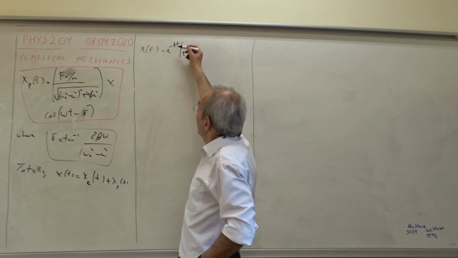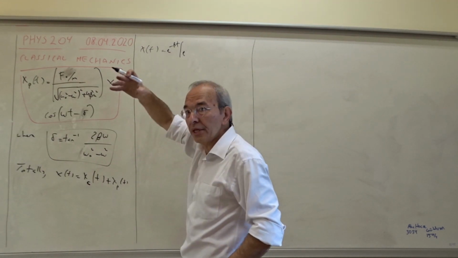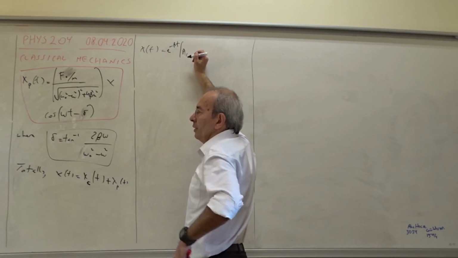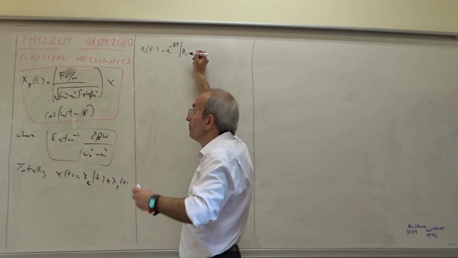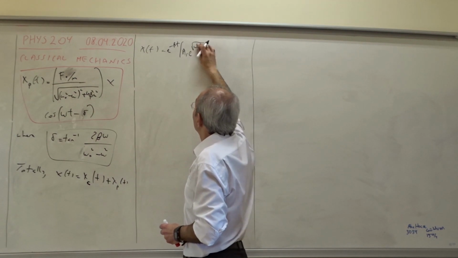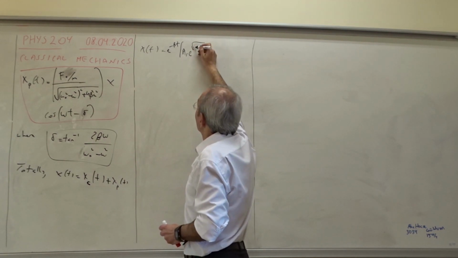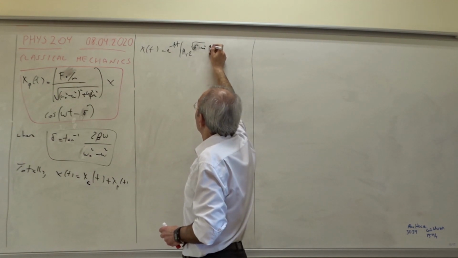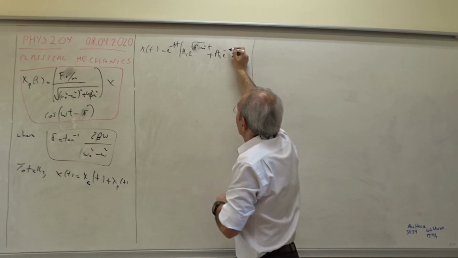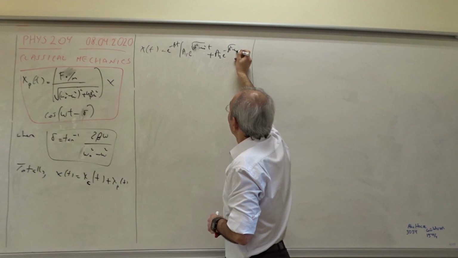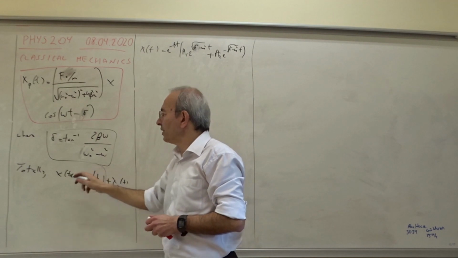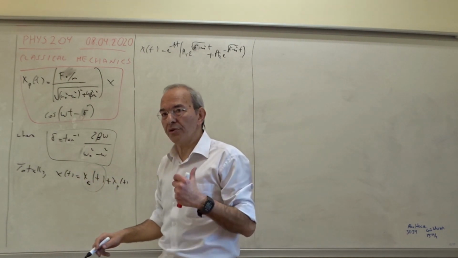So we have, this is the envelope, negative exponential, and an unknown coefficient a1, e to the root of beta squared minus omega 0 squared times t, plus a2 e to the negative of this, root of beta squared minus omega 0 squared times t. This is the complementary part, where we have 0 on the right hand side.